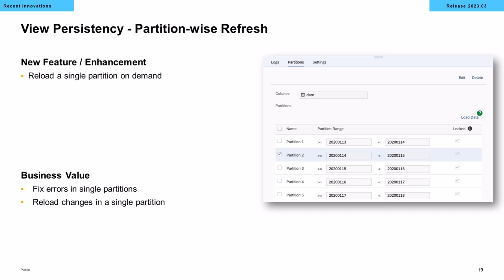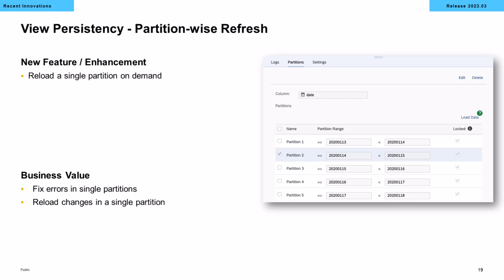In this user story, we enabled the partition-wise refresh of view partitions. What has changed is you do not need to reload entire views with all of their partitions, but now you can select single partitions and reload them as needed.